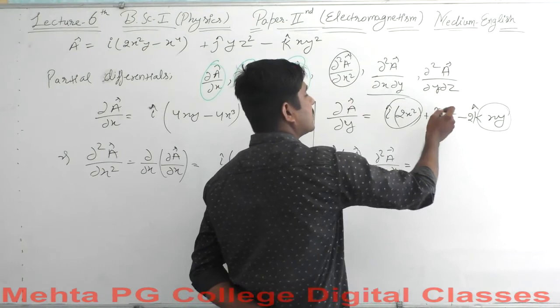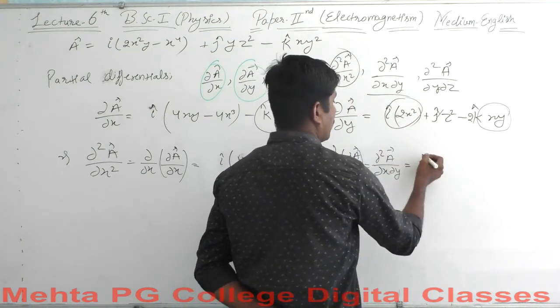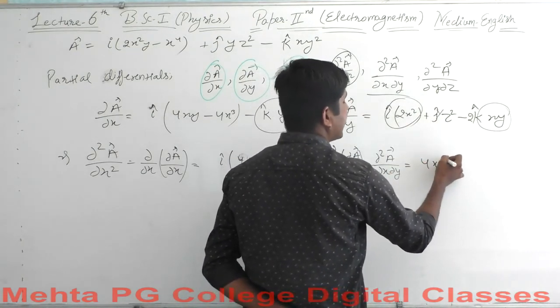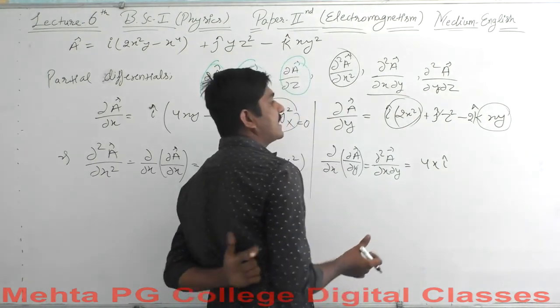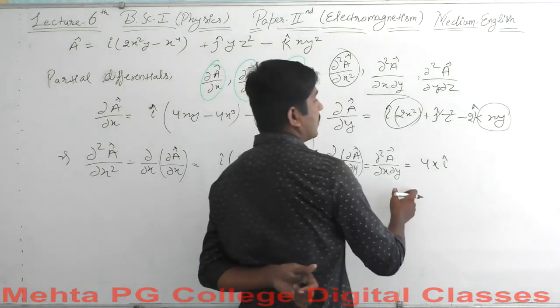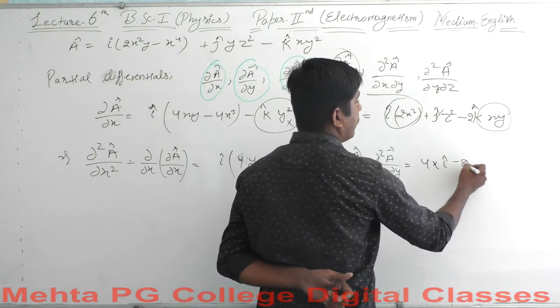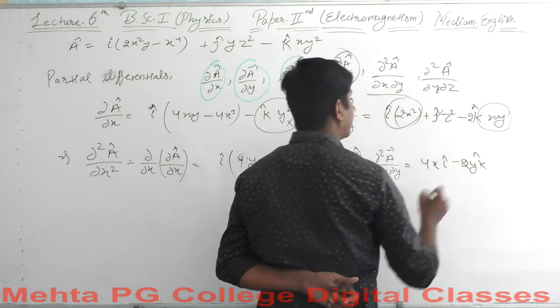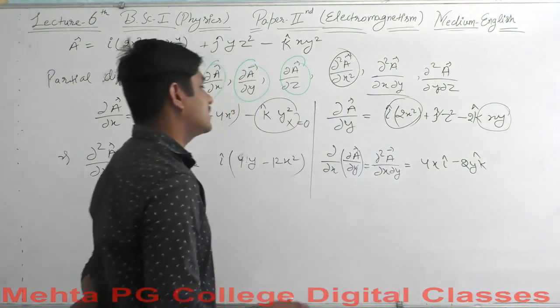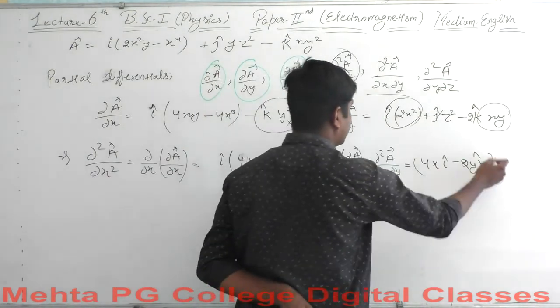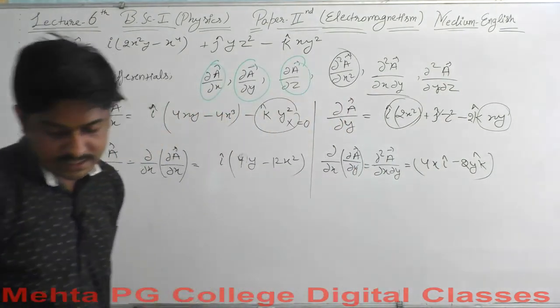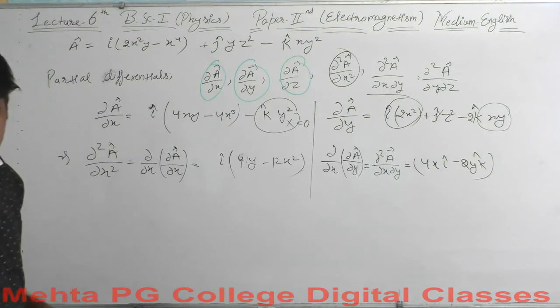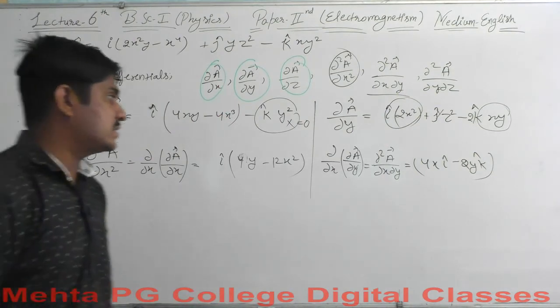These two will exist but not this. So 4x i cap will exist, surely. Minus 2y k cap, this will be the value here. This is the value which we are supposed to calculate: 4x i cap minus 2y k cap.